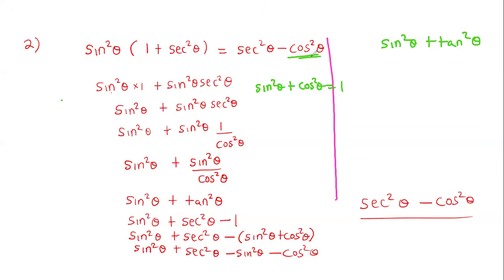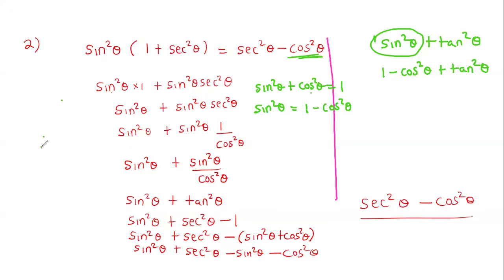But since our answer has already cos, we can make the cos here. So sine squared theta, when you make it the subject, means you'll have 1 minus cos squared theta. Now where there is sine squared theta, you can place 1 minus cos squared theta. So I can have 1 minus cos squared theta plus my tan squared theta. But you go back and ask yourself, what is this tan?